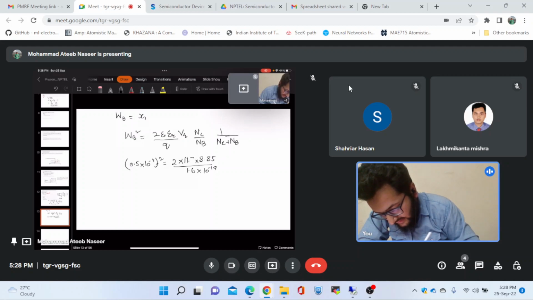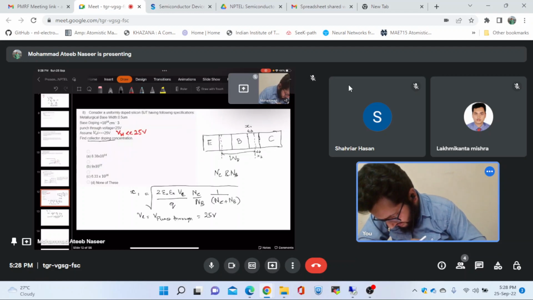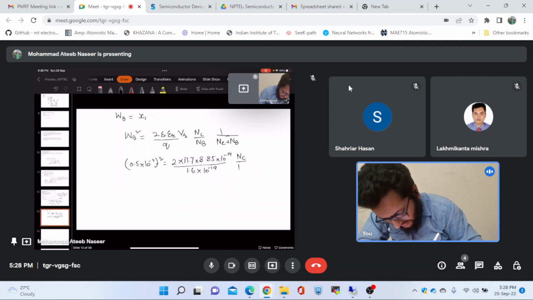So this will be 11.7, and 10 to the power minus 14, where this Nc is not given and Nb was given to be equal to 10 to the power 16. Okay, 10 to the power of 16, and now 1 by Nc will remain there plus 10 to the power of 16.